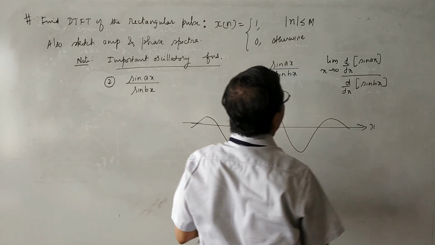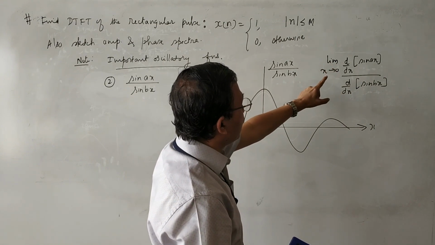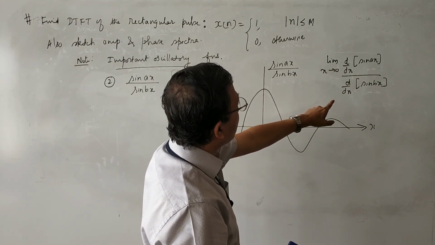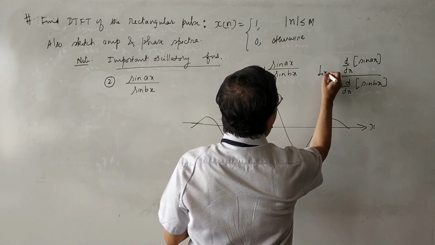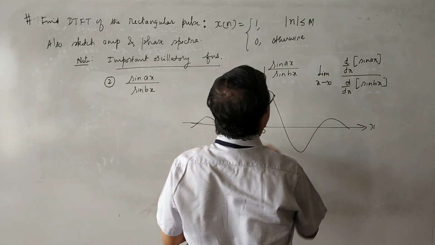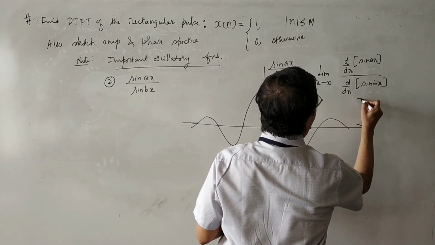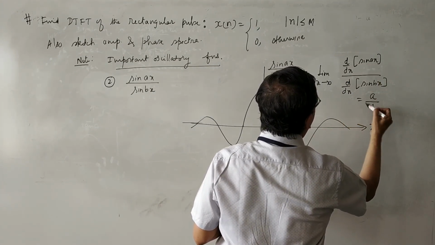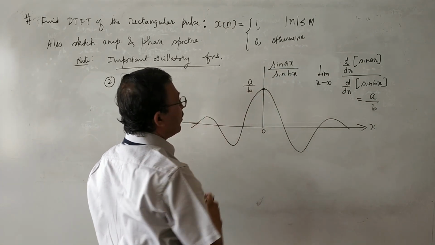If you differentiate numerator, you get a times cos ax. If you differentiate denominator, you get b times cos bx. Then take the limit x tending to 0. So you get a value equal to a divided by b. When x equal to 0, it is a divided by b.